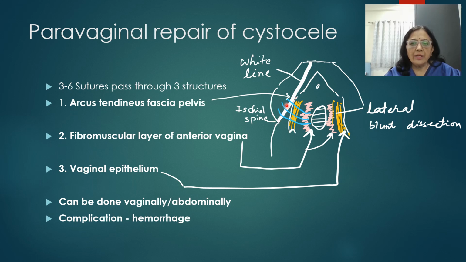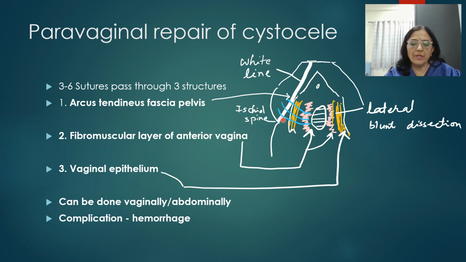Then only we can identify this arcus tendineus fascia pelvis, which is passing from the ischial spine to the pubic symphysis just lateral to the midline. It is a tough, strong, fibrous structure, and it is also called a white line, which is running from the pubic symphysis to the ischial spines. And to approach this arcus tendineus fascia pelvis, we need to do too much of a lateral dissection.